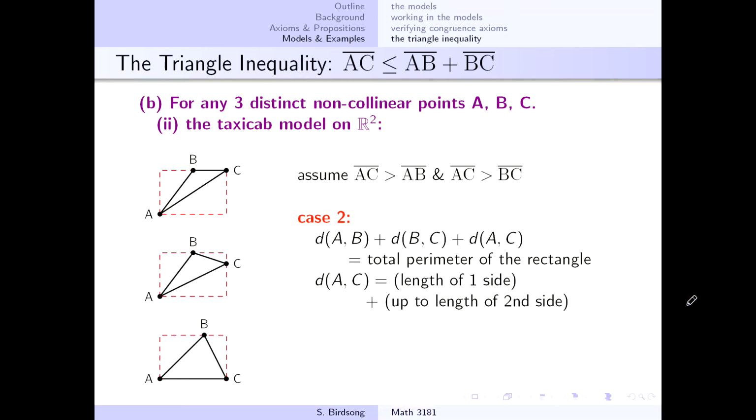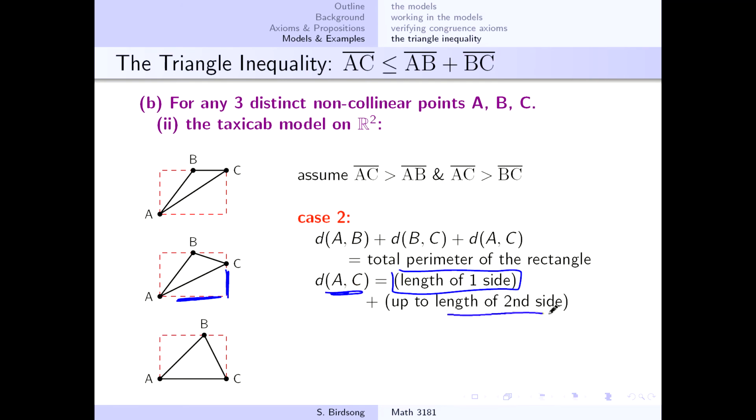Okay. Now, once we've looked at the total perimeter of a rectangle, there are a couple of things you can look at. If we focus in on AC, my claim is that it will always be the length of one of the sides of the rectangle, and that's because it's the only way it will happen with these types of rectangles. You'll have change in y, change in x, and if these dotted red lines indicate those changes in x and y of the points, you're forced to have at least one side of the rectangle for this longest side.